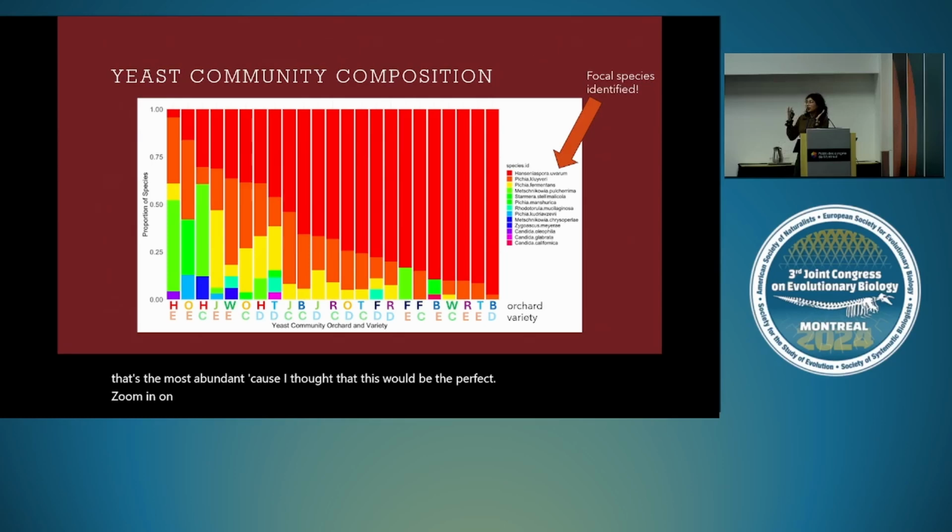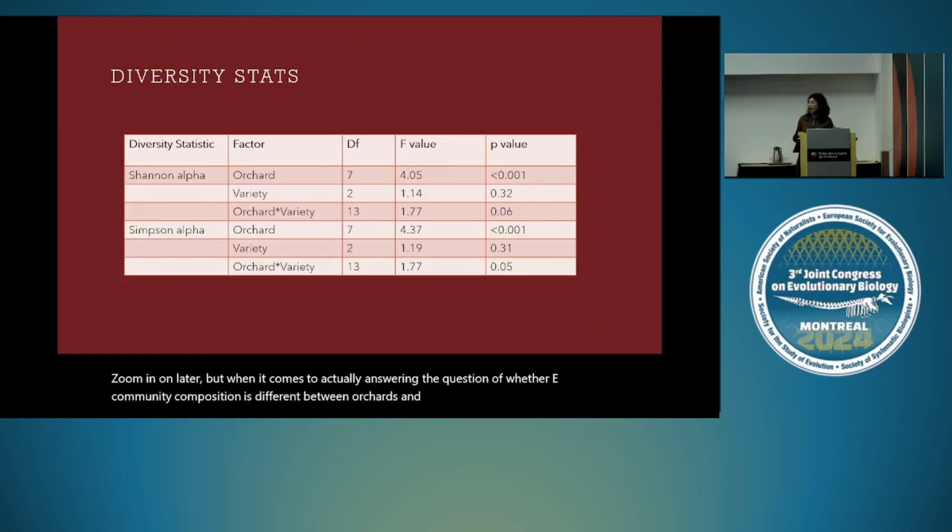But when it comes to actually answering the question of whether yeast community composition is different between orchards and varieties, our diversity statistics can show us something with Shannon alpha and Simpson alpha is what I'm showing you here. And so based on this, we can say that our alpha diversity, so species richness, is significantly different based on orchard with both Shannon and Simpson.